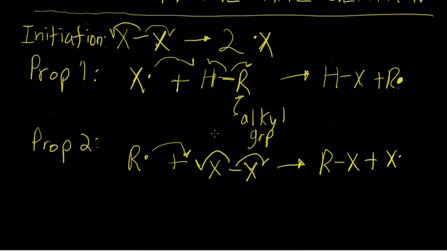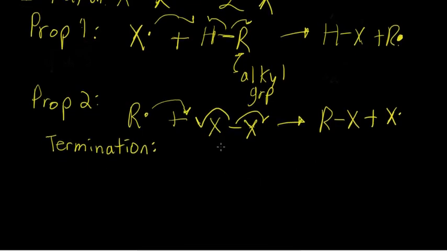So this process continues until one of your chain termination steps occurs. And we went over this in the case of chlorination of methane, but in general, one of these three combining of radicals will result in an ending of the propagation steps of radical halogenation. So we could have two alkyl radicals generated in propagation step 1.